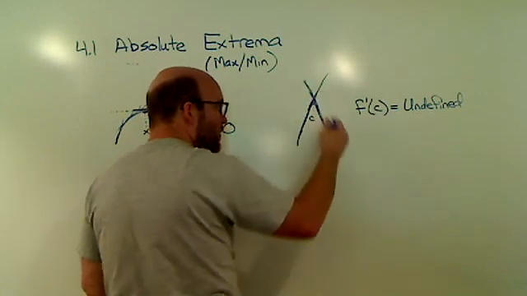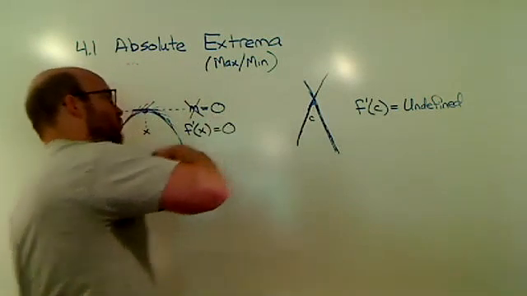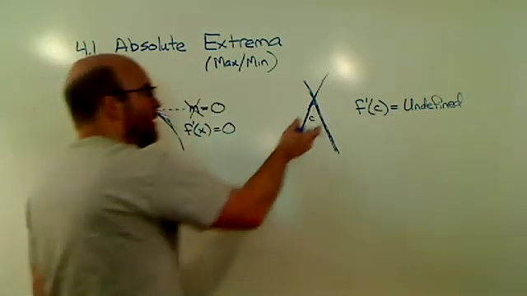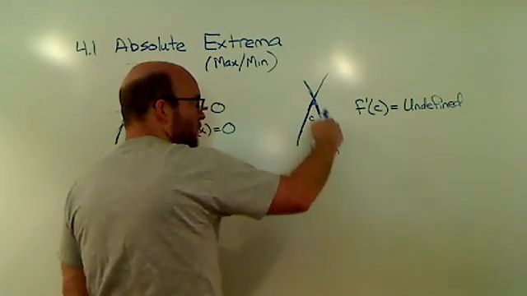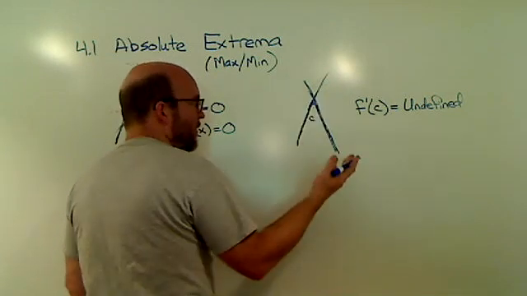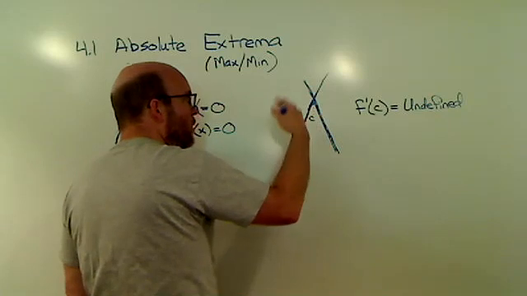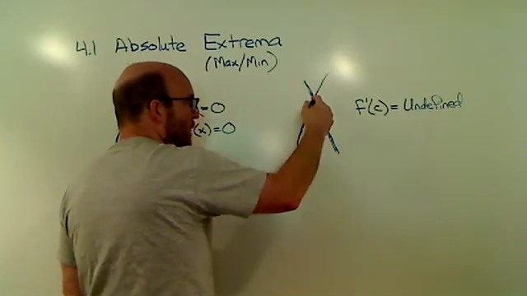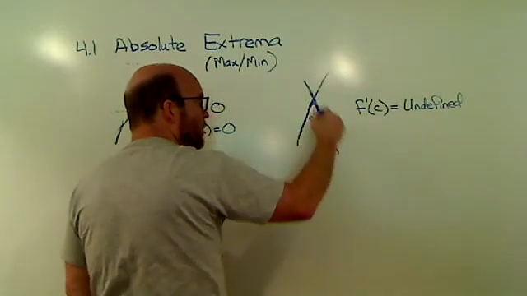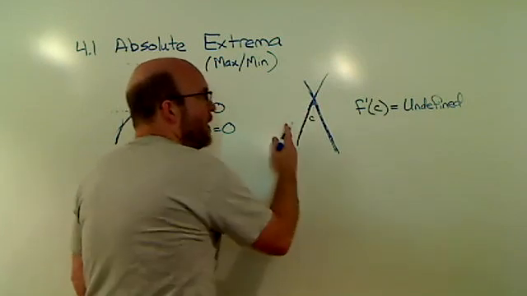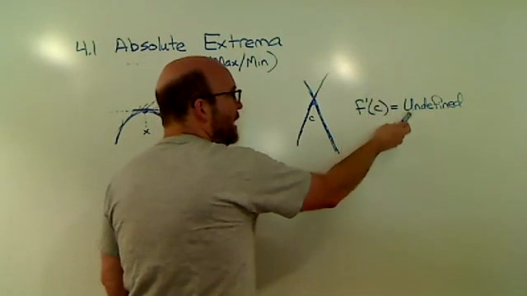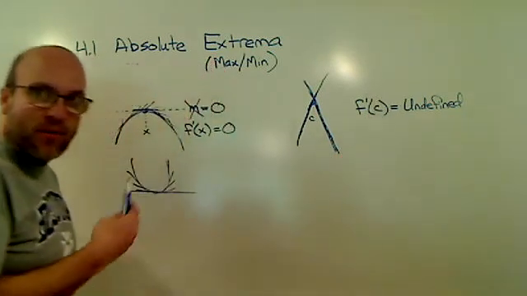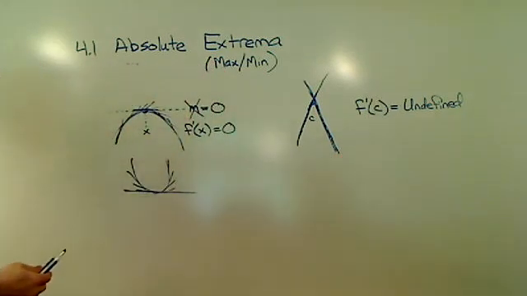But there's no gradual slope here to allow the tangent line to change. So there's no uniform tangent line that these guys agree on. This one's always going up, this one's always going down from left to right. They don't agree. If the limits don't agree, they don't exist. So the derivative either doesn't exist or it's undefined, however you want to write that out.